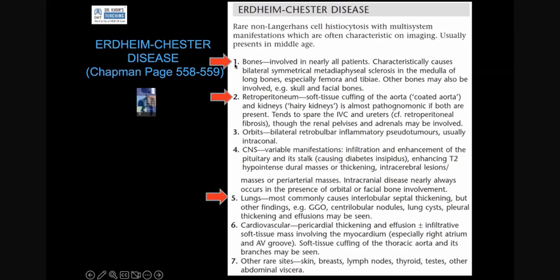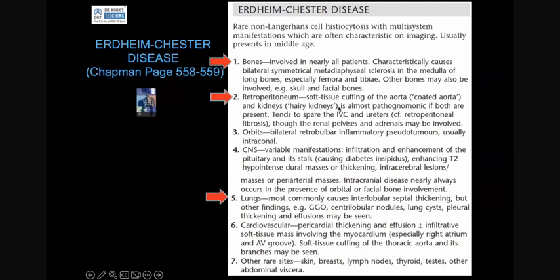It tells you that all of these systems can be involved. Bone involvement is quite common, but not in our case. Usually you will see sclerosis at the metadiaphysis of long bones, femora and tibia. Retroperitoneum. Now, this is our case.